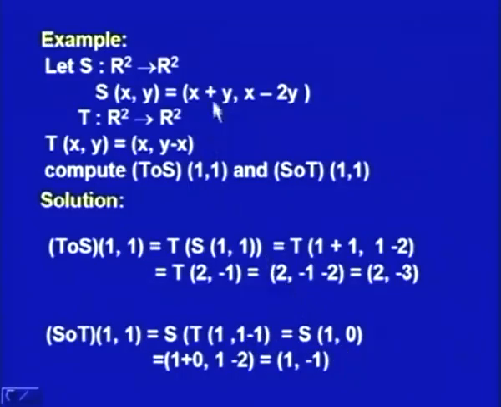Now I apply this definition: it is equal to 1 plus 0, x plus y, comma 1 minus 2, which is equal to 1 comma minus 1. So, that is how we compute composite transformation. Given two transformations, one can obtain a composite transformation.